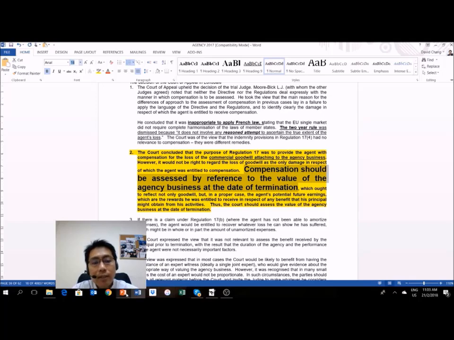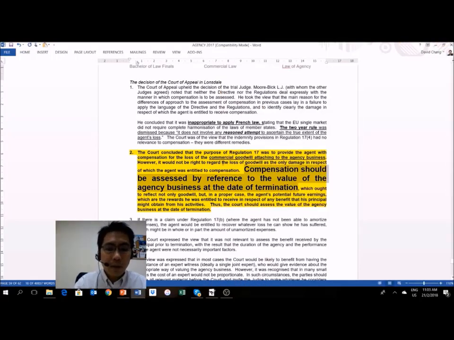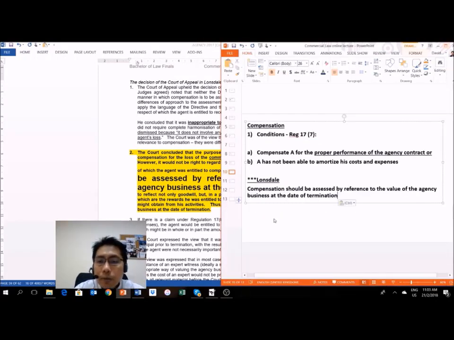So back to this slide. In Lonsdale now, the focus is this. I'll just copy and paste, so it's easy. The court is saying that the compensation should be by reference to the value of the agency business at the date of termination.